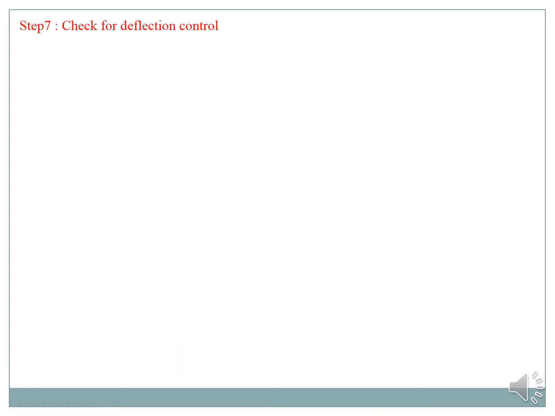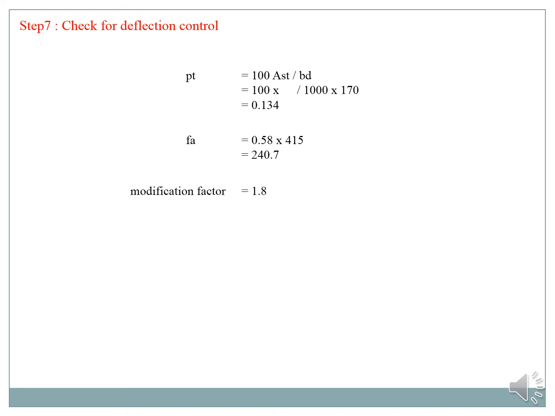Then step number 7, check for deflection control. So PT is equal to 100 AST divided by BD. So fs is equal to 0.58 into 415, 240.7. So modification factor is equal to 1.8. Then L by D max is equal to modification factor into 26. So 1.8 into 26.